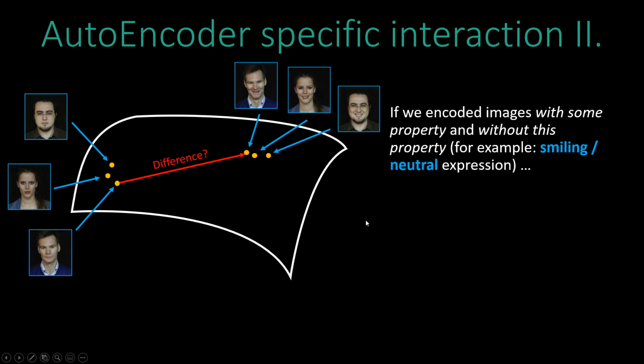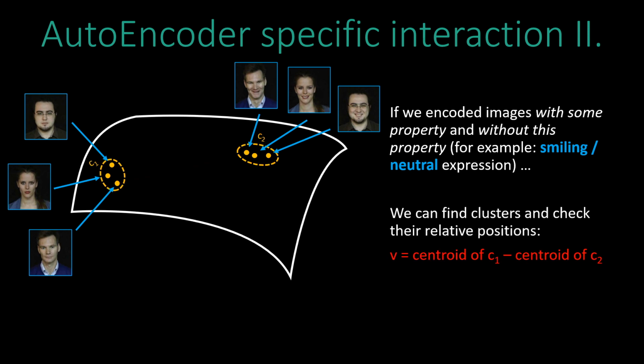It turns out that if you encode enough images of one type and then enough images of another type, so basically explore one property and encode enough samples from two types of this property, you can make clusters of where these encodings fell in that high dimensional space. And maybe you can get a centroid, or a center point, of these clusters.